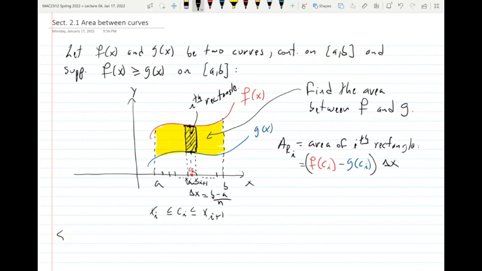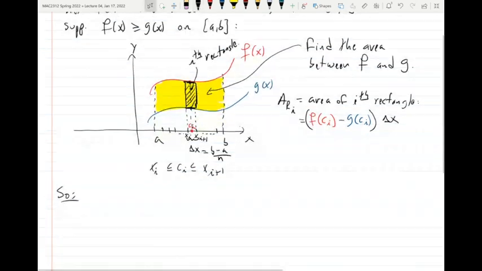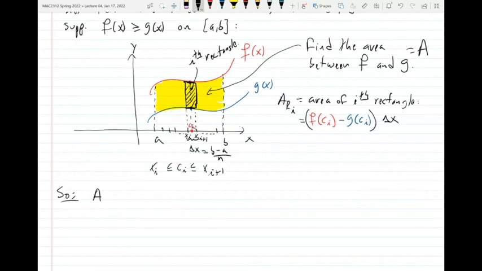Okay, so the area that we are interested in, let's call this area A, the area of the region between f and g, can be approximated by adding the areas of all of those rectangles. There are n rectangles, so the sum from 1 to n of the area of the ith rectangle.